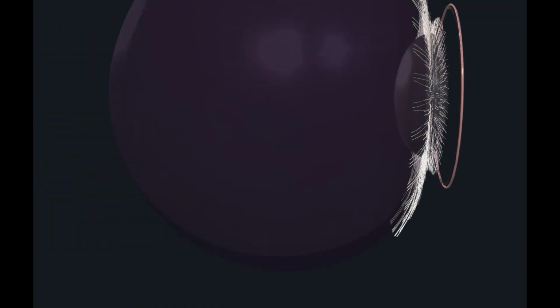Okay, the vitreous body. The vitreous body is a clear gelatinous substance contained within the stroma of the vitreous body of the posterior chamber of the eyeball. The vitreous humor or vitreous body is loosely attached to the inner surface of the retina, the ciliary body, and the posterior surface of the lens, most especially to the pars plana of the ciliary body and the edge of the optic disc.